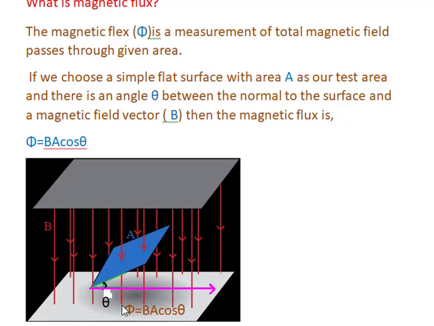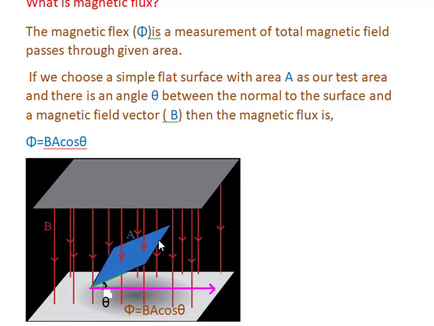So the magnetic flux is calculated from the magnetic field B, the area A, and the angle: phi is equal to B into A cos theta.